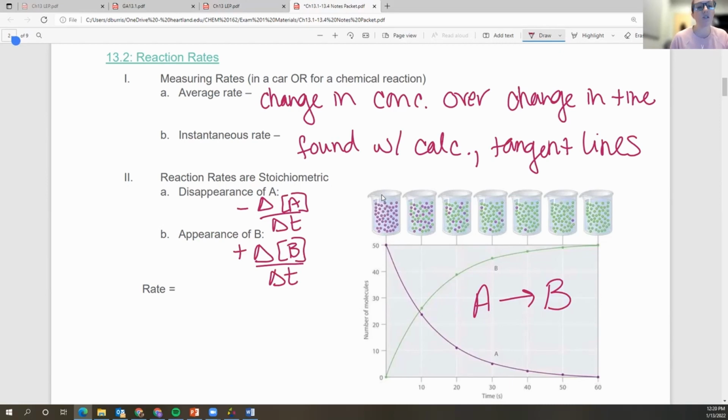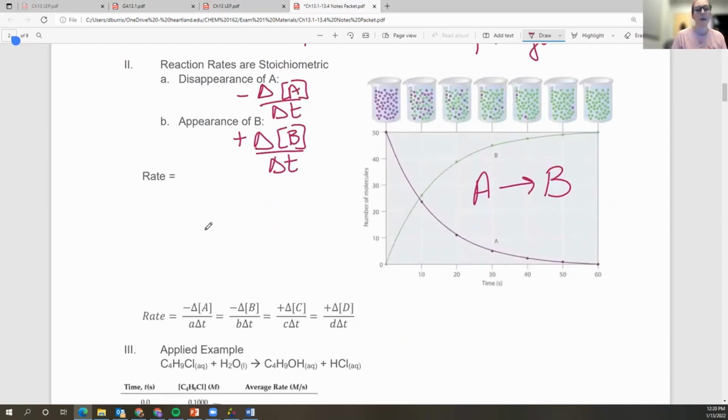Now, if it's not a 1-to-1 ratio, the rates aren't going to be exactly the same. For example, if it was a 1-to-2 ratio, then we would see maybe the products appearing at double the rate that the reactants are disappearing. Okay, so in this specific instance, these rates are equal because they have the same coefficient. They're a 1-to-1 ratio.